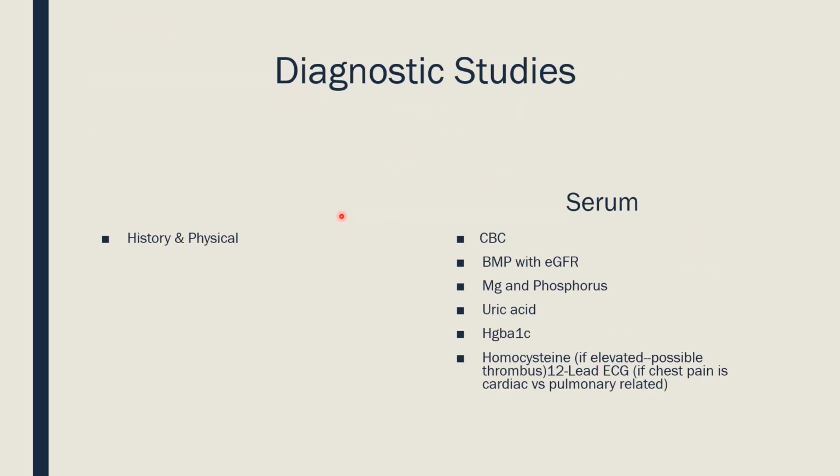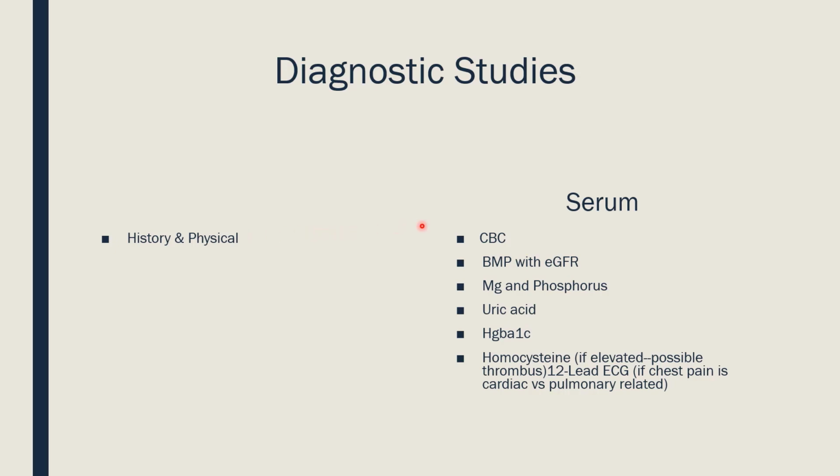Now, these are the diagnostic studies for patients who might have coronary artery disease. Remember, when these patients come in for a checkup, most of them may be asymptomatic, with no symptoms at all. We always start with the H&P.